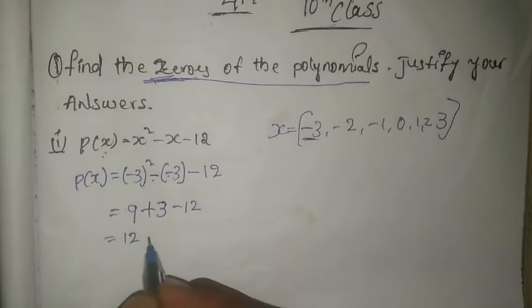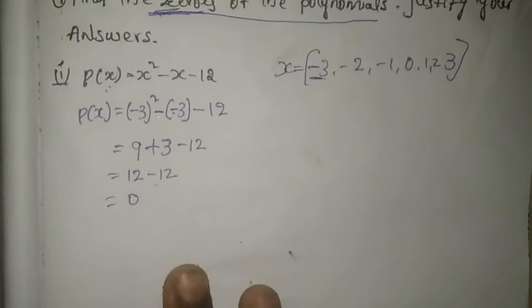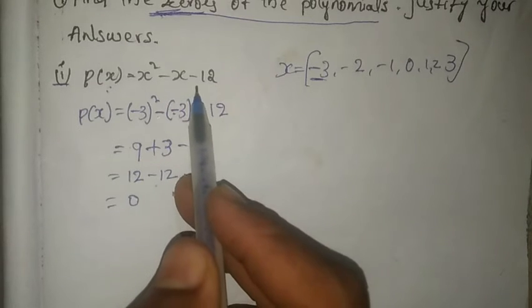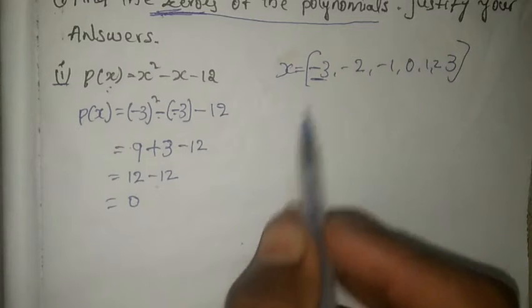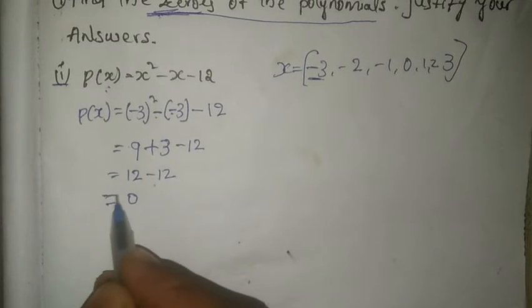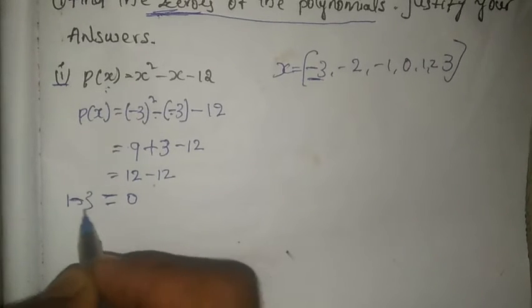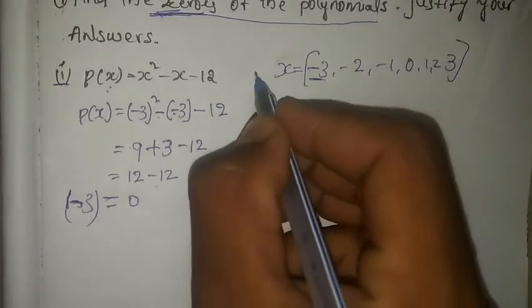So that is 12 minus 12, it is 0. So p of x equals x square minus x minus 12, when we substitute minus 3 in the x place we get 0. So minus 3 is a zero.